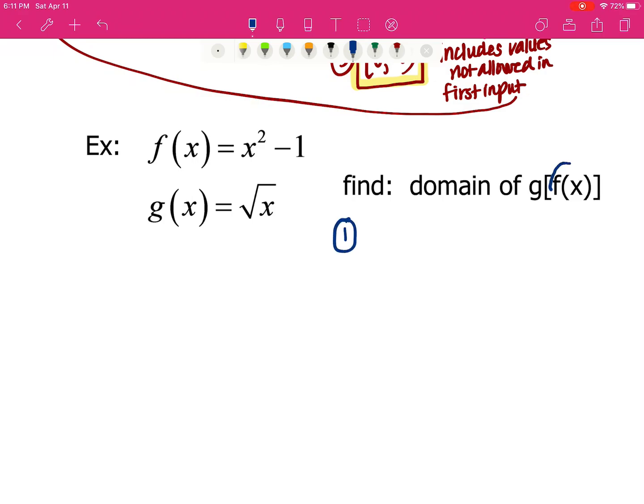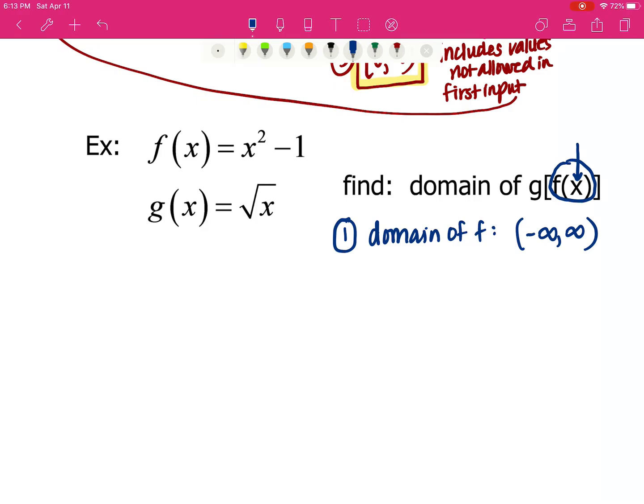First thing I'm going to look at is my inputs that are allowed into f of x. So the domain of f is all real numbers. However, there are a couple of inputs that when I put in there, I'm going to end up with a negative value.